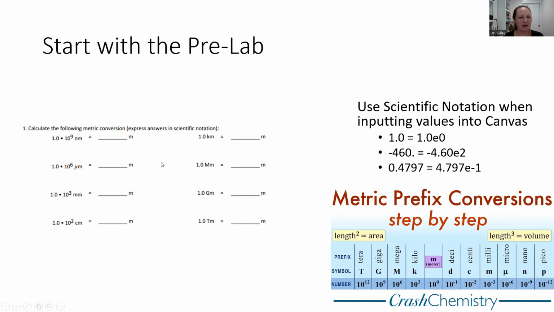And then over here, we have different prefixes that are actually larger than a meter. So the answers here will be larger than 1. So for example, there are 1,000 meters in a kilometer.